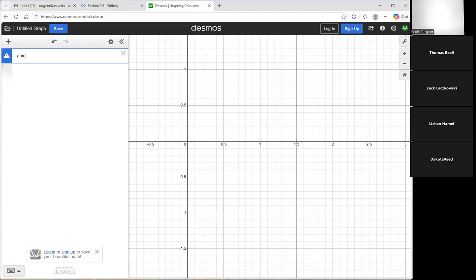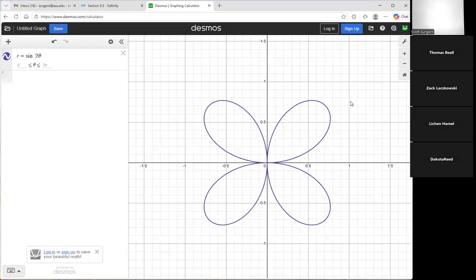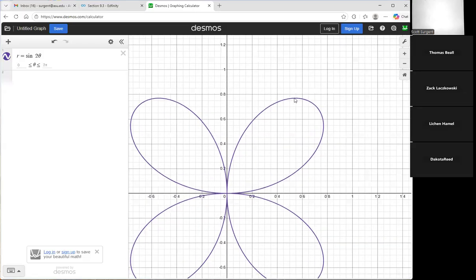I have no idea what this thing looks like. So I'll type in r equals sine 2 theta. It's a four-leaf clover, and it looks like it wants this point up here at the top.